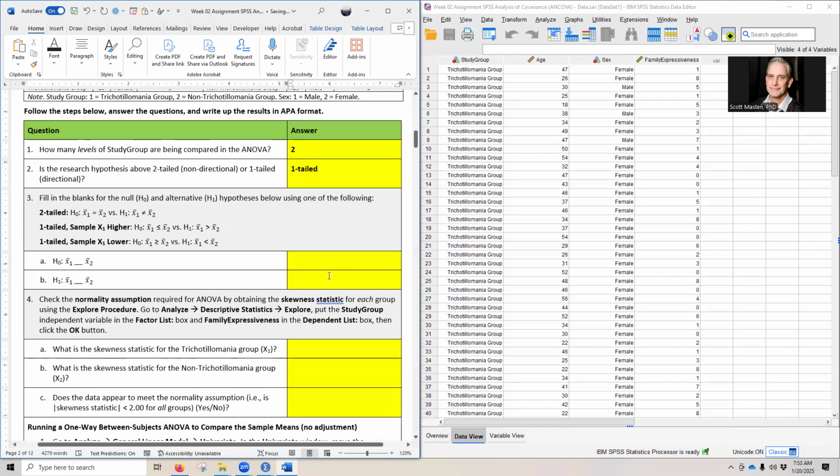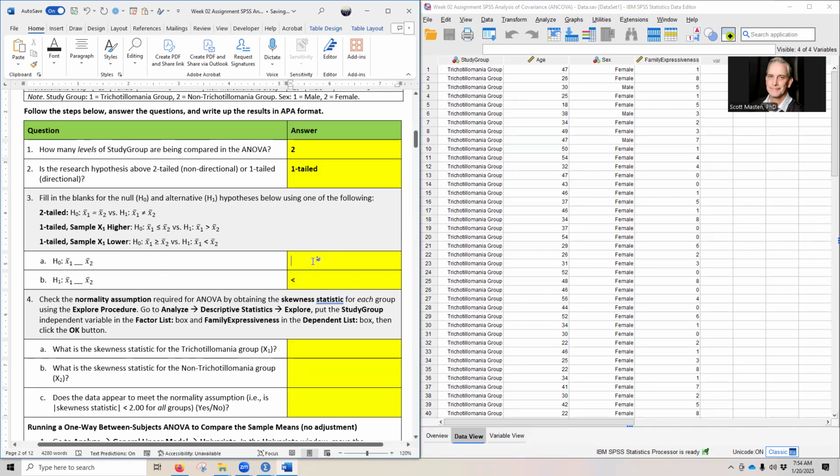And we got to fill in the hypotheses then. So it's kind of like a t-test because there's only two groups, but we're going to use ANCOVA and ANOVA to answer it. So our research hypothesis goes here. The research hypothesis is that group one, that is our trichotillomania group, is going to be less than the other group.